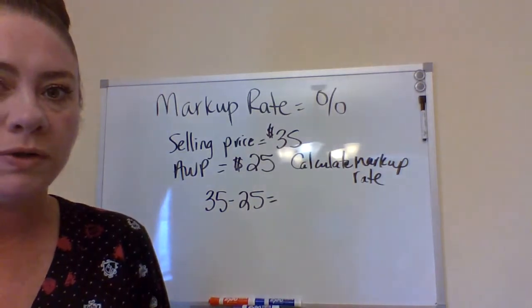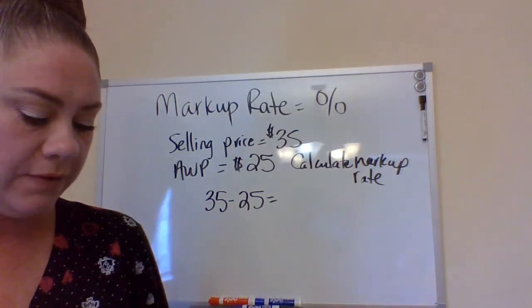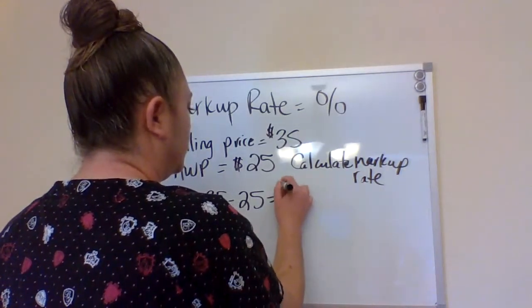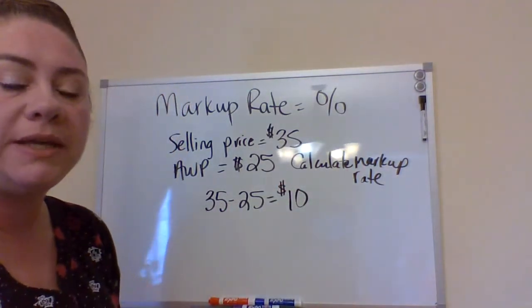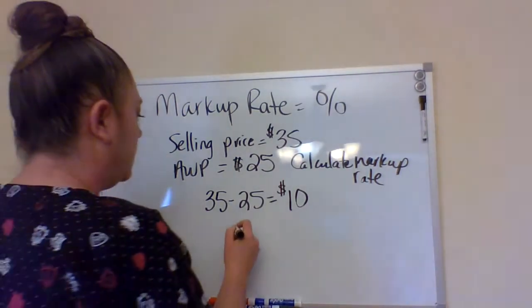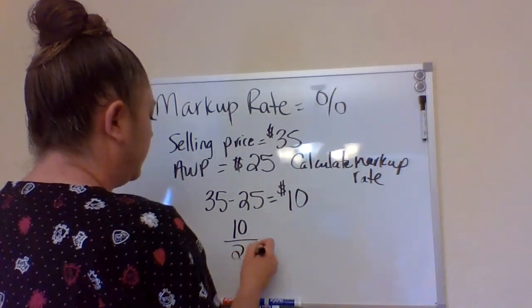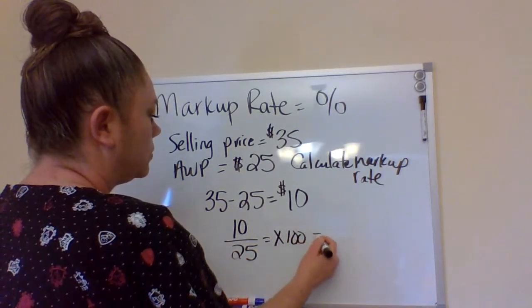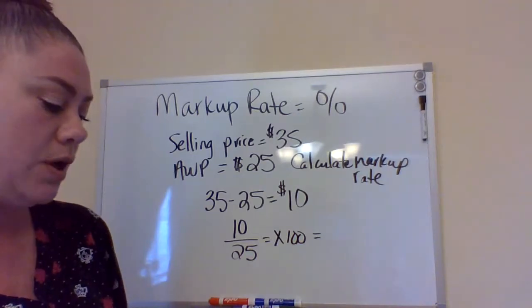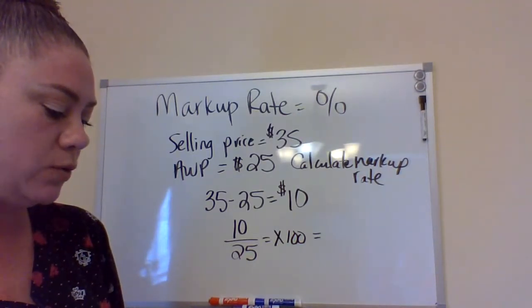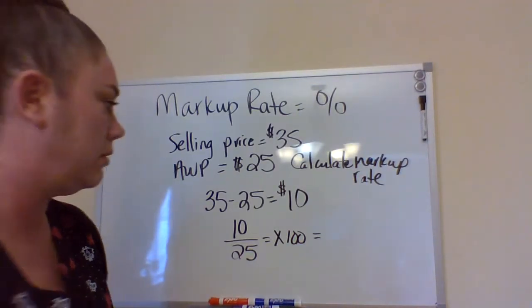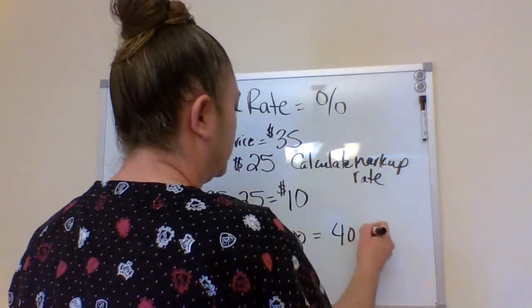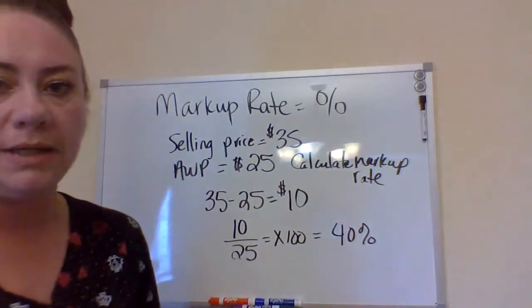You have your average wholesale price of $25. When we do that, we get a markup of $10. Again, placing this into your markup rate formula, you're going to take 10 divided by 25 because that's our average wholesale price, and then we're going to multiply that by 100. So 10 divided by 25 is 0.4. Multiply that by 100 and we get a 40% markup rate.